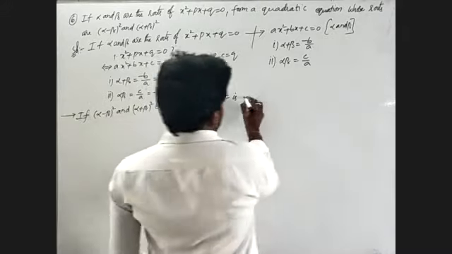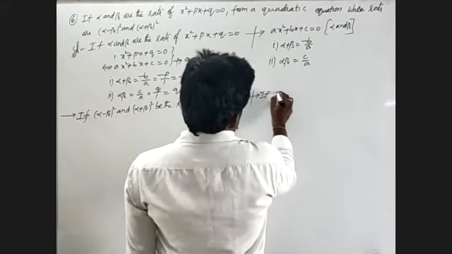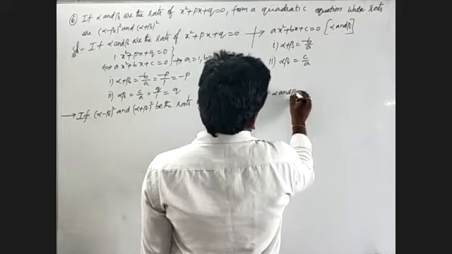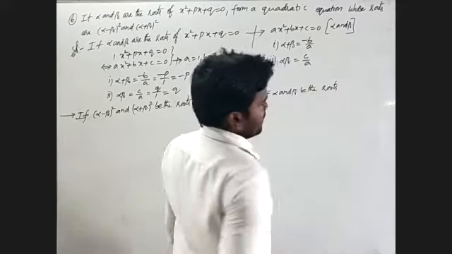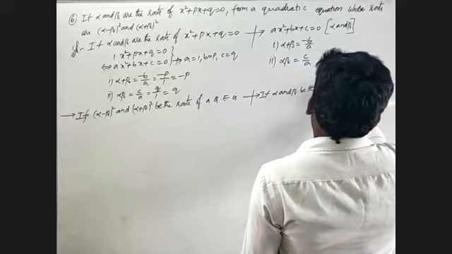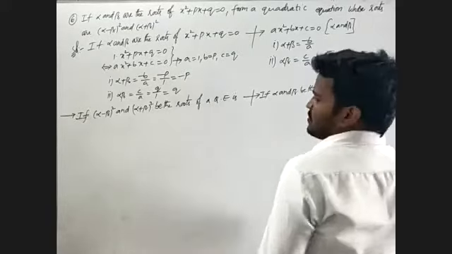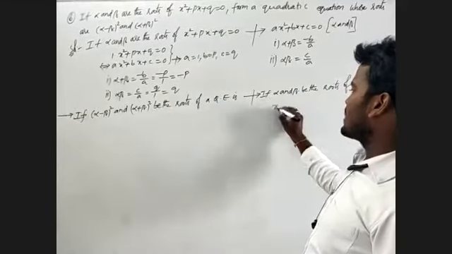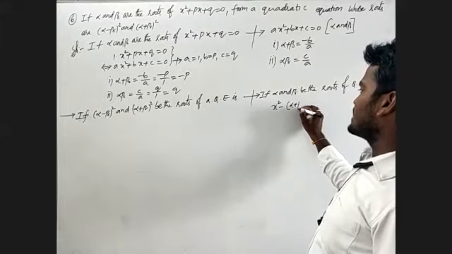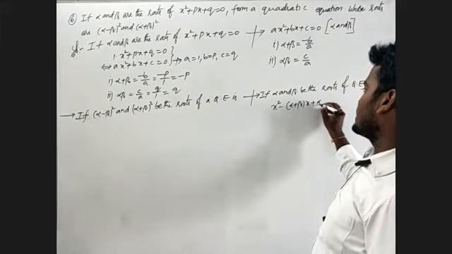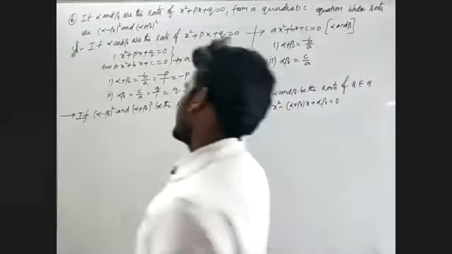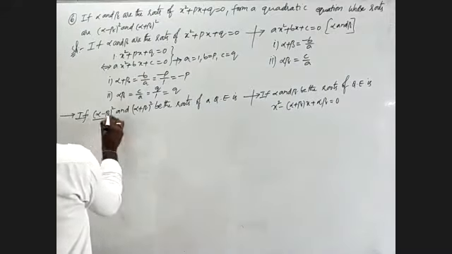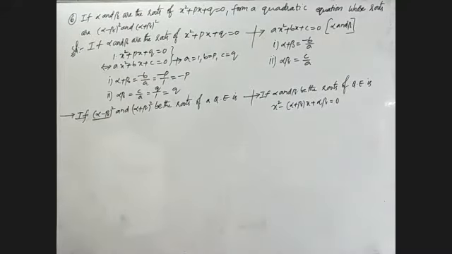Actually, if alpha and beta are the roots of a quadratic equation, what will we write? The formula is x square minus (alpha plus beta) into x plus alpha beta is equal to 0. Well, observe here. What about the value of alpha? Here alpha is alpha minus beta whole square, beta is alpha plus beta whole square.